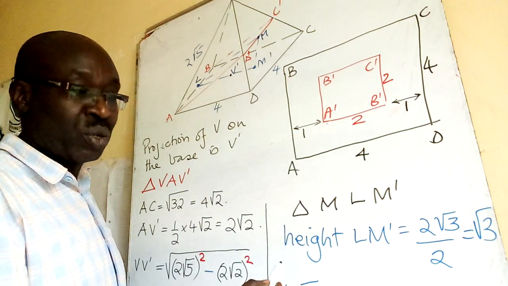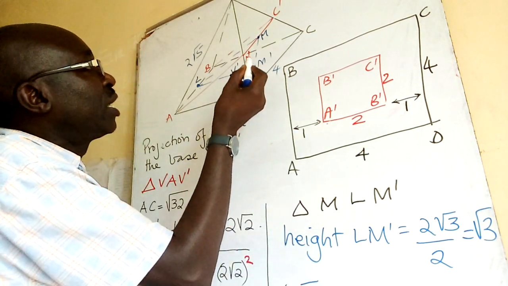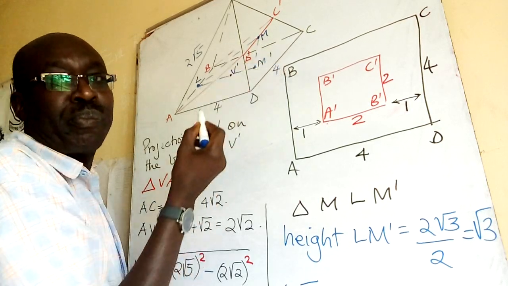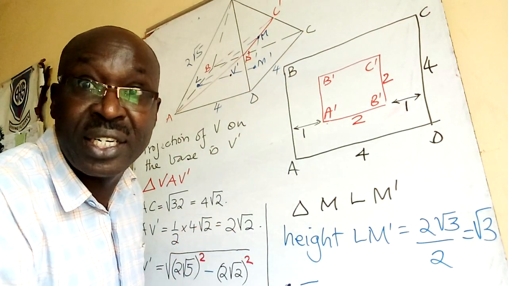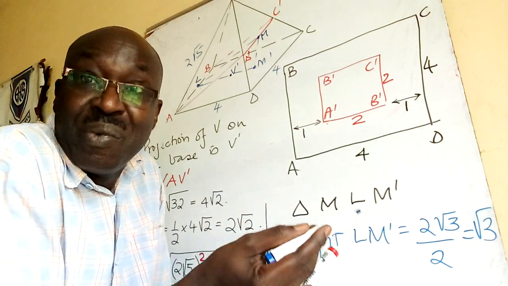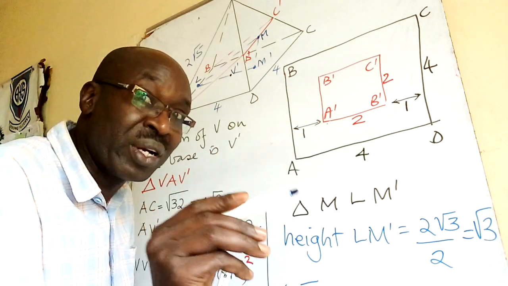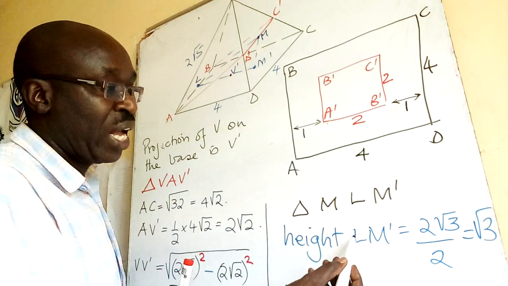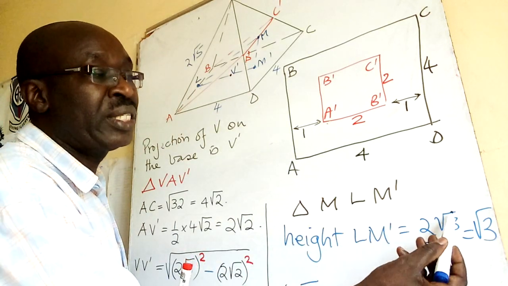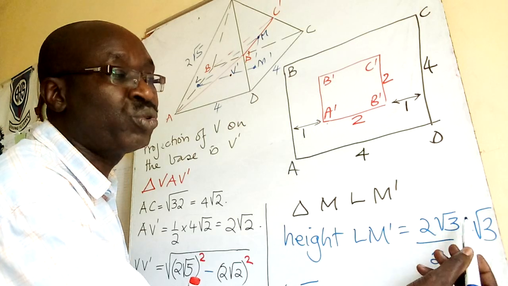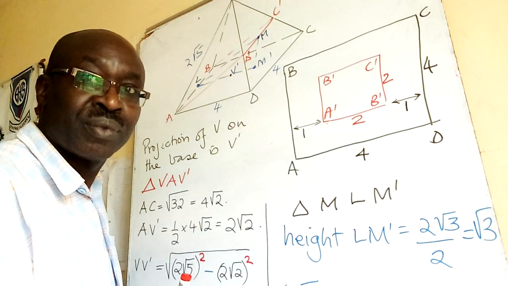Okay? So the height M M prime, that height is halfway, is the midpoint still of the whole system, because linear scale factor will remain to be 2. So L M prime is the height I had originally, divided by 2, you get root 3.